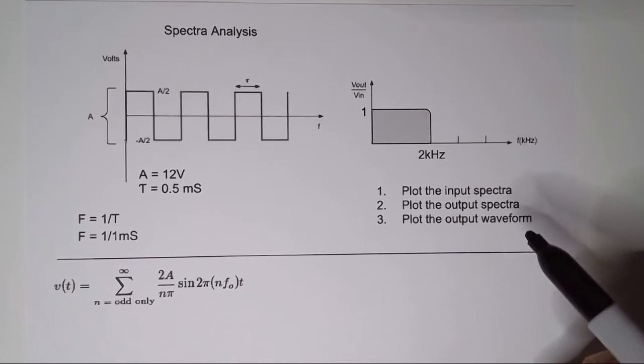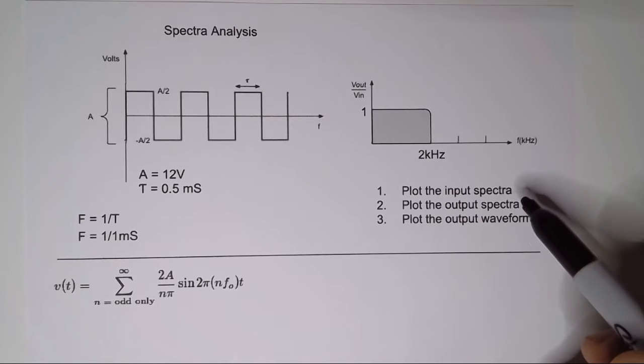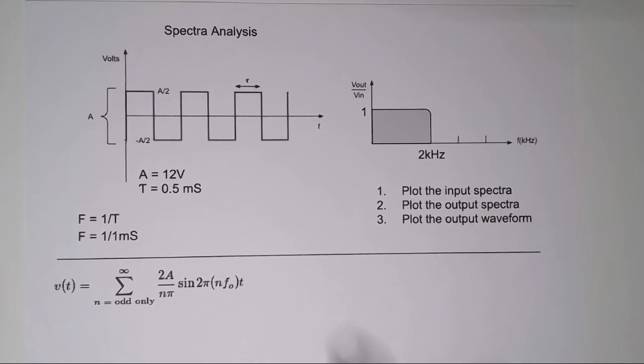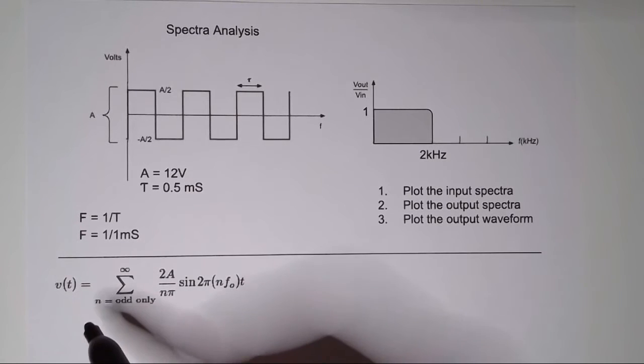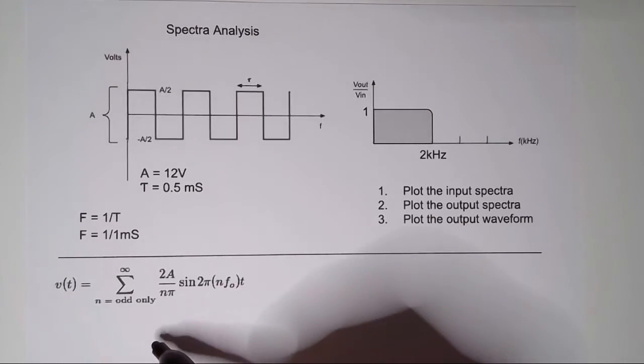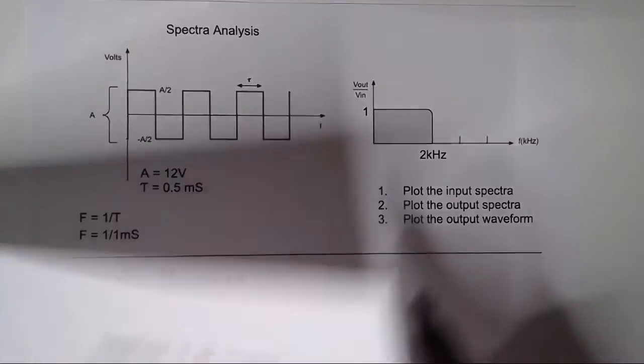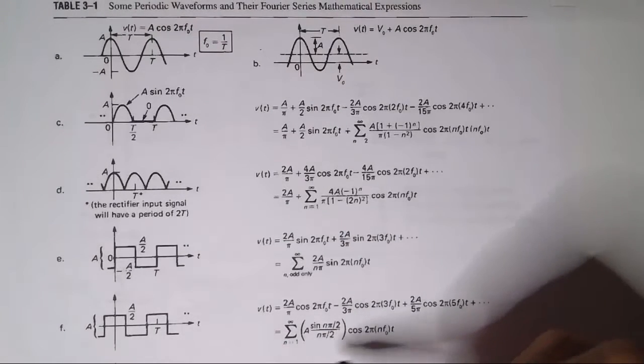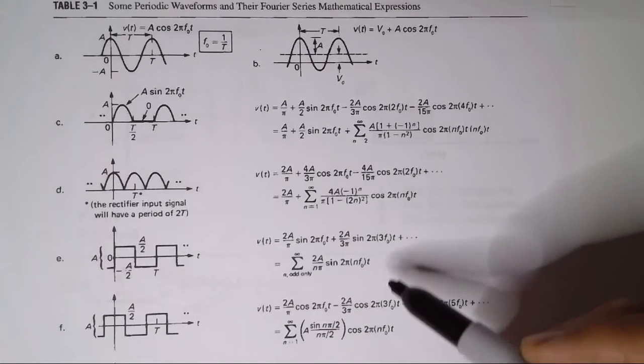Now we're asked to get the input spectra, the output spectra, and the output waveform. And the tool that we need is the Fourier series expansion for the waveform, which is here.